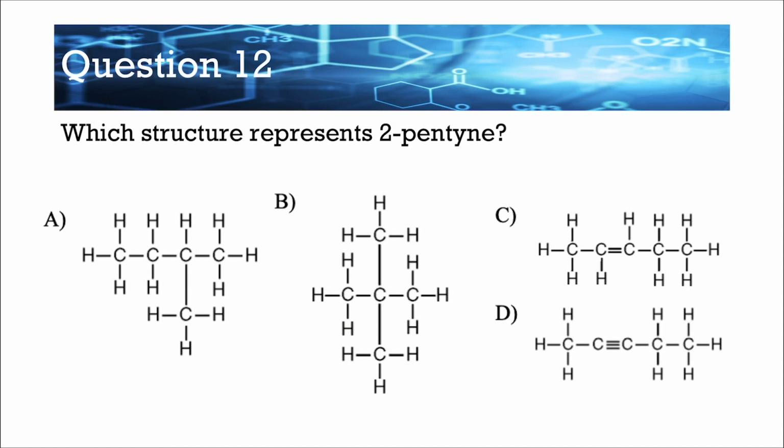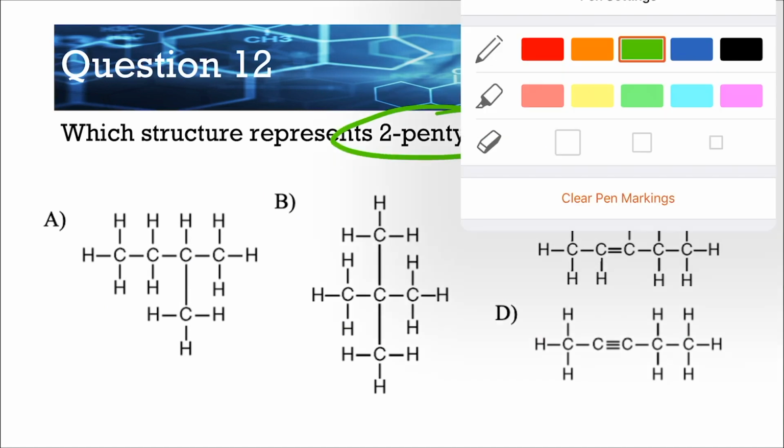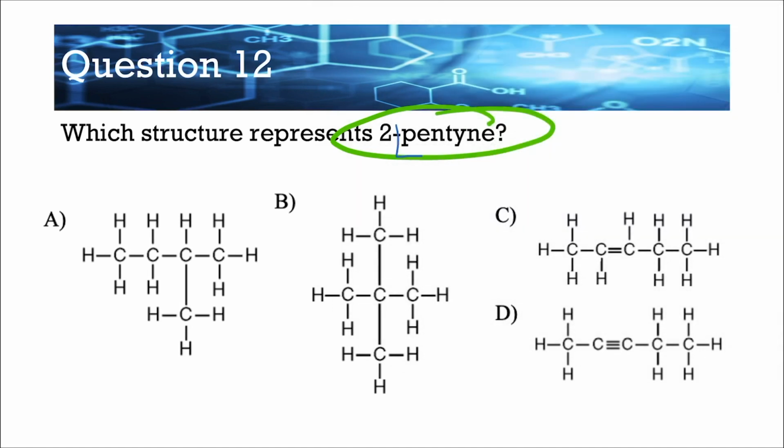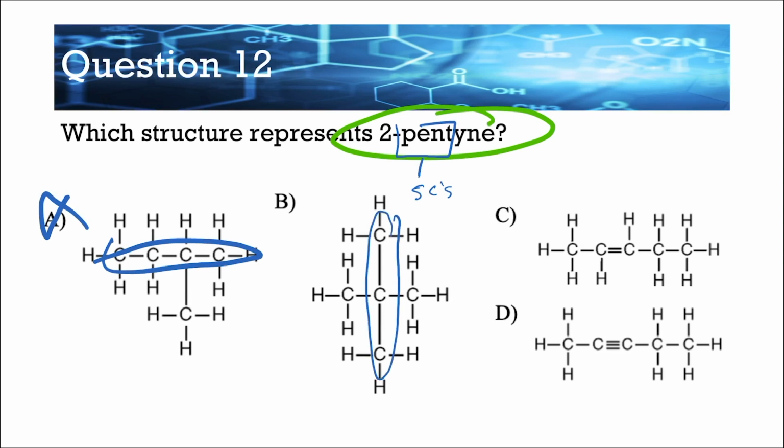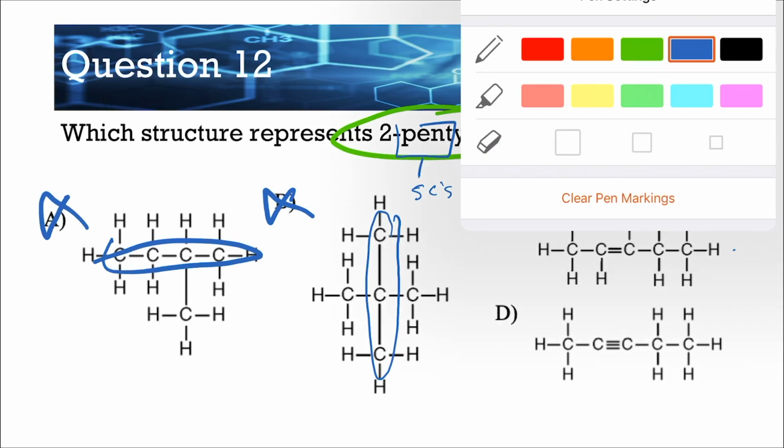Number 12 says 2-pentyne. So pent means you have 5 carbons in the longest chain. So this longest chain is 4 carbons, can't be A. This longest chain is 3 carbons, can't be B. So now we have C and D. They each have 5 carbons in their longest chain.